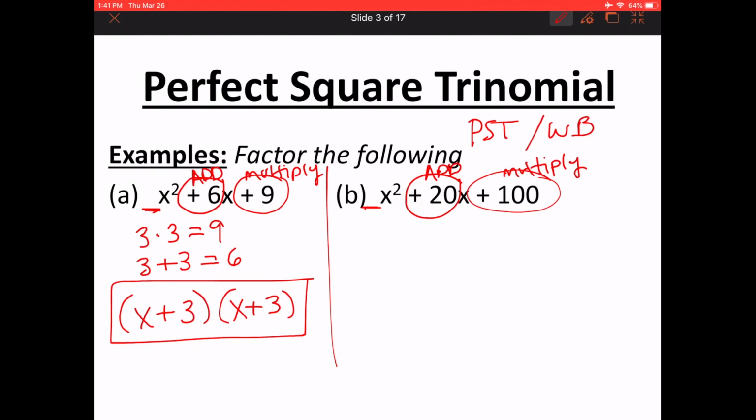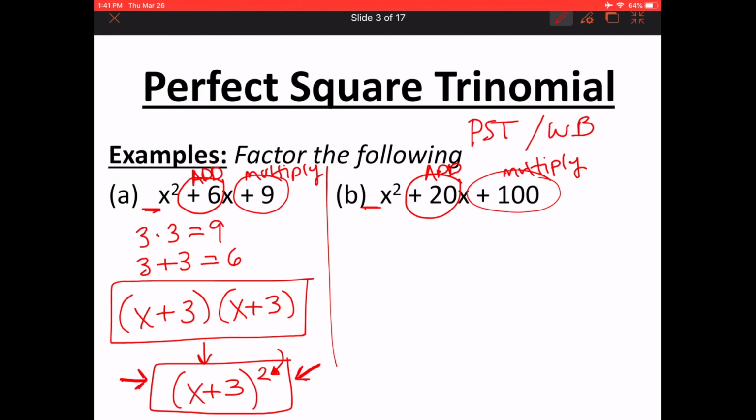When we have identical factors, we can rewrite them as x plus 3 squared. That squared just means that the same factor shows up twice. We are going to be focusing on this x plus 3 squared notation today, so get in the habit of writing it this way now.